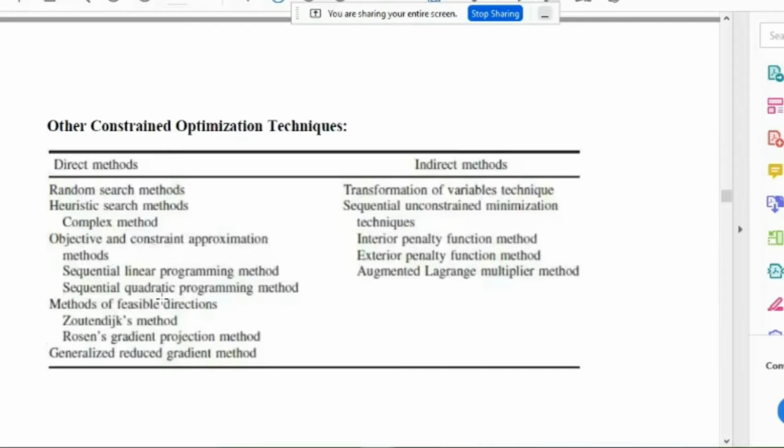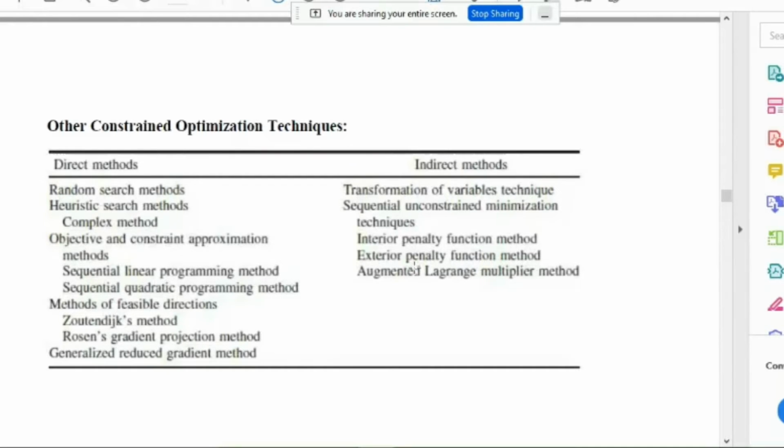From that initial guess, by using a heuristic approach or random approach, finally we will be able to reach the final optimal solution. So these are all the various methods. Just have an idea of these methods, and what the various techniques are under direct methods and under indirect methods.